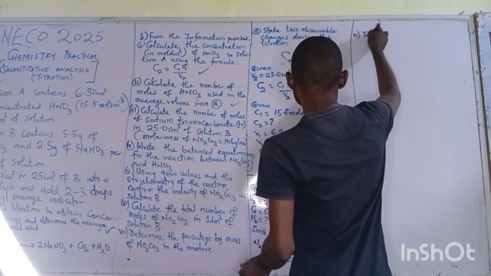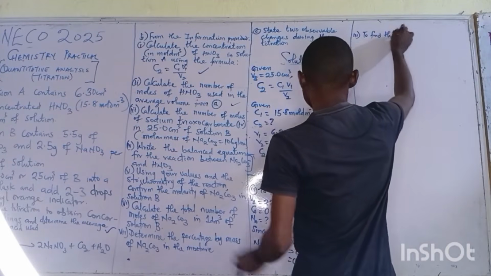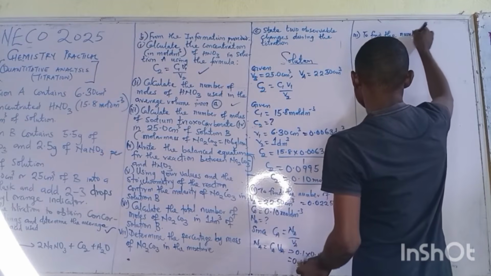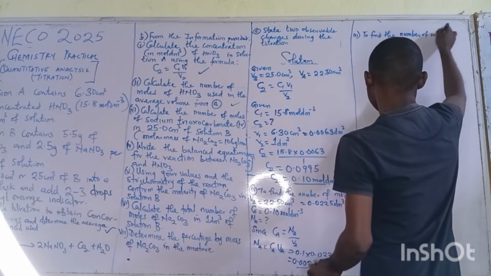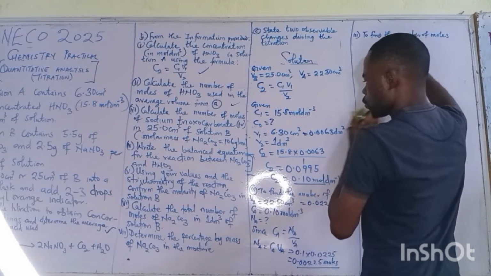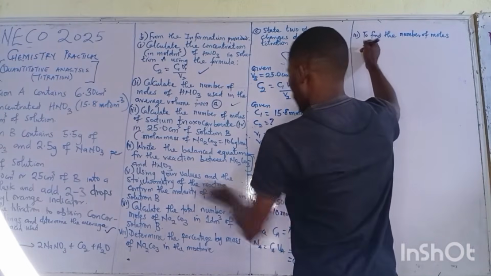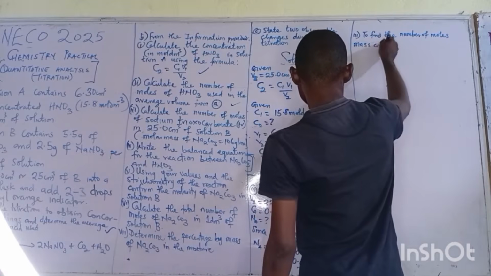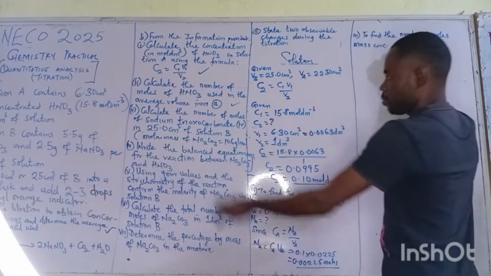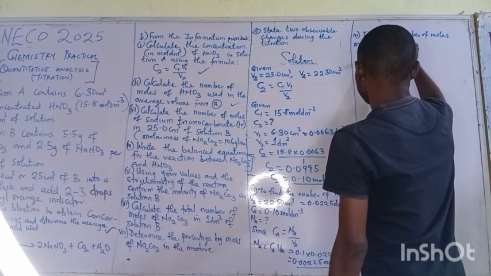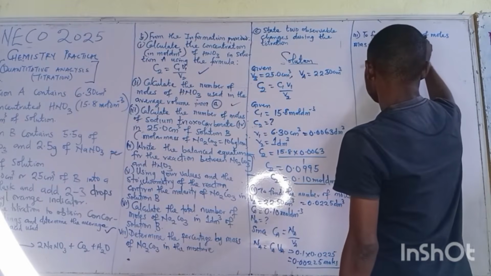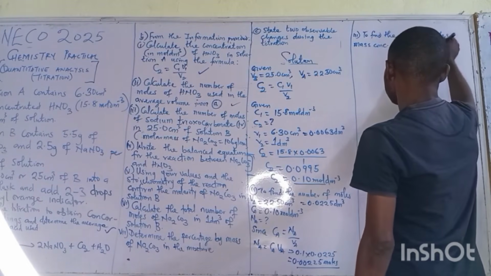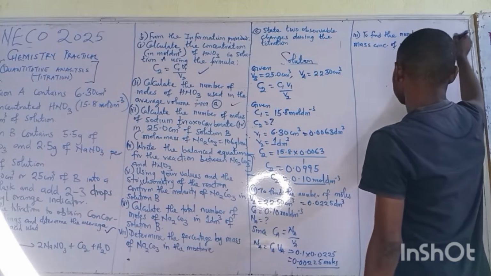To find the number of moles, they give us the mass concentration in grams per dm³ of Na2CO3, that is 5.5 grams per dm³.